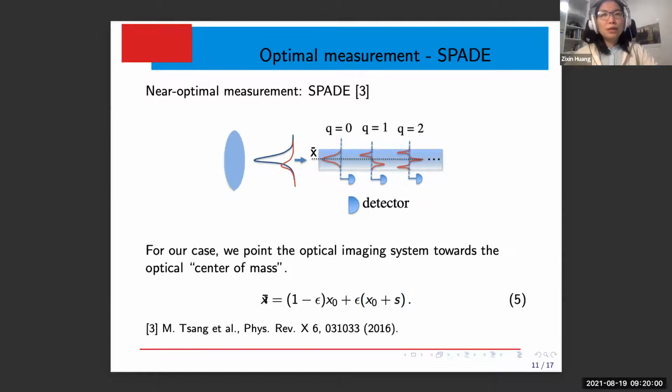So you take the weighted centroid and you feed it into the center of the SPADE device. So in the ideal case, if only the star is present, the light that's collected by the lens would only couple into the fundamental mode, as opposed to when the planet is present, you will start having the higher order modes excited. So when you see that happen, you know that something's present.